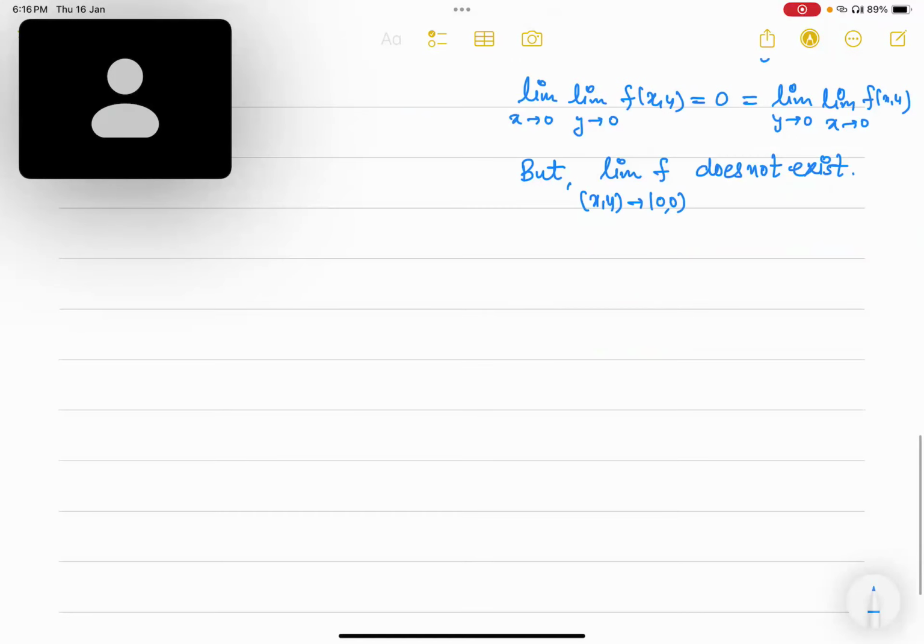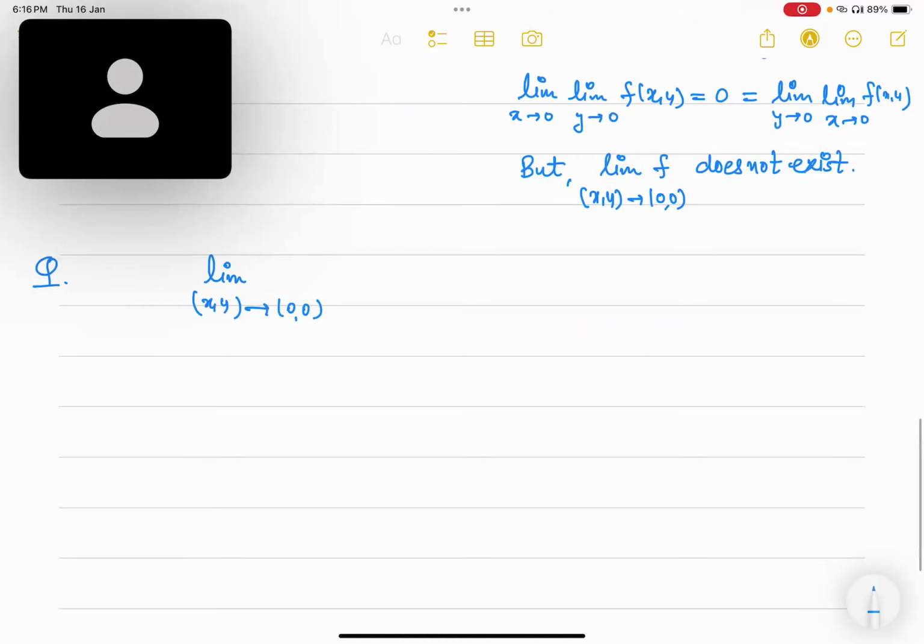So let me ask you one more question. What can you say about this limit? The function is sine of under root x square plus y square upon under root x square plus y square.